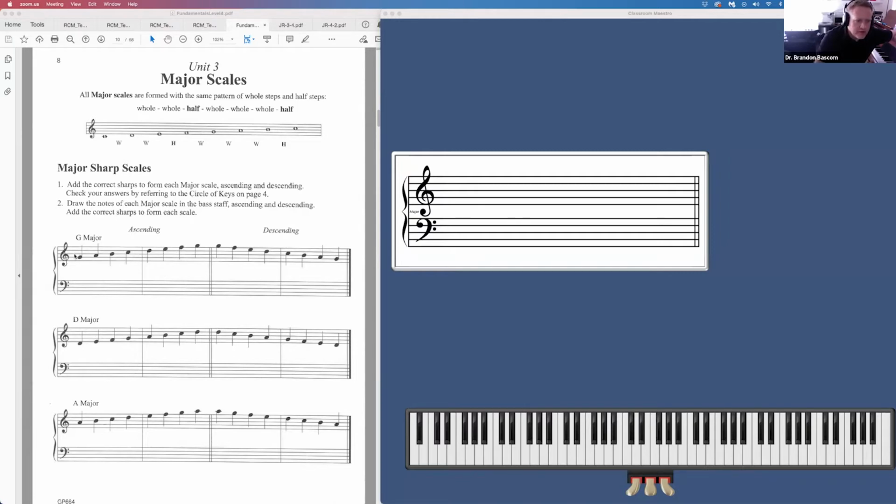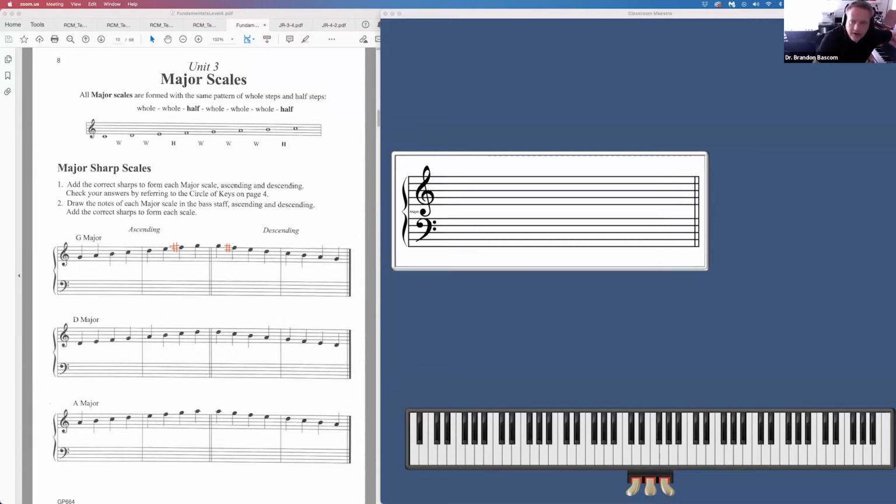In Unit 3, we are writing out our major scales, both ascending and descending, and we need to go in and write our sharps or flats. So make sure you do it both ascending and descending.